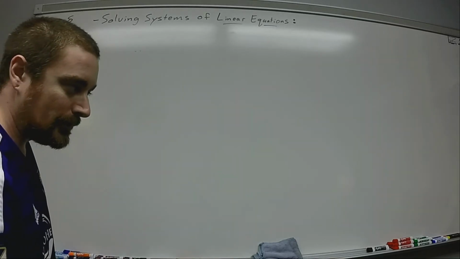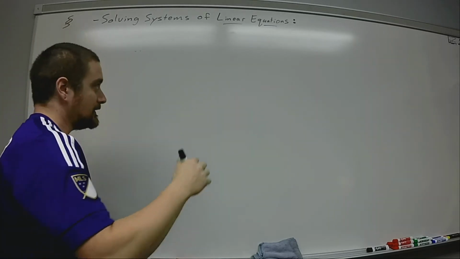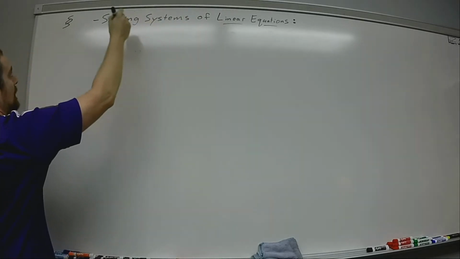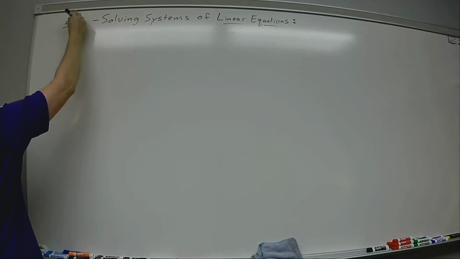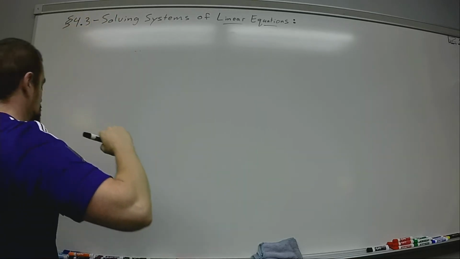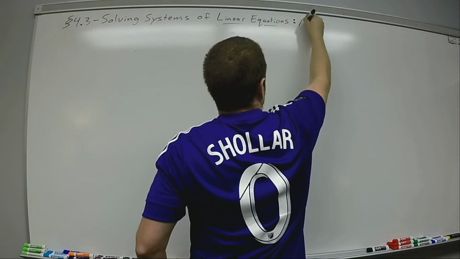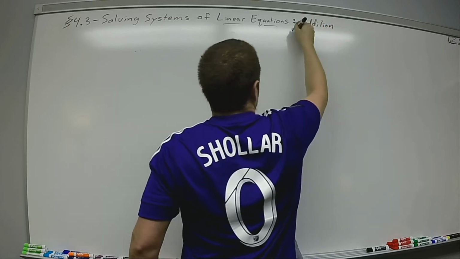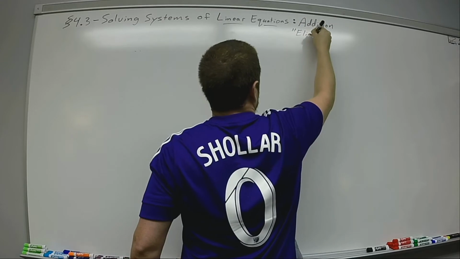So section 4.1, we did some graphing. Section 4.2 looked at substitution technique. Now we're going to solve systems in 4.3 using the addition method. Some people like to call this the elimination method.